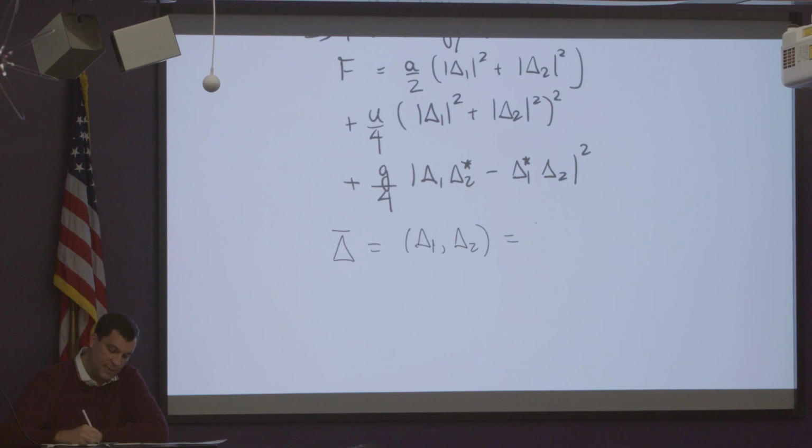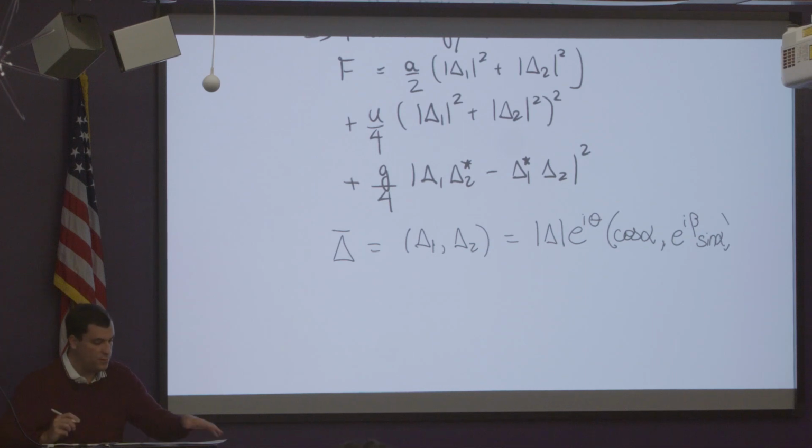It's just going to make life a little bit easier. So the global magnitude, which I'm going to call delta. The global phase, which I'm going to call theta. And the relative magnitude, I'm going to use alpha. Alpha is just, again, how much of delta 1 and how much of delta 2 I have. And the relative phase, what did I call it? Beta, I believe. Just making sure that I use the same notation as in my notes.